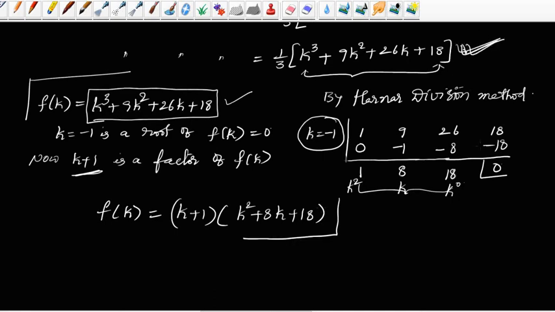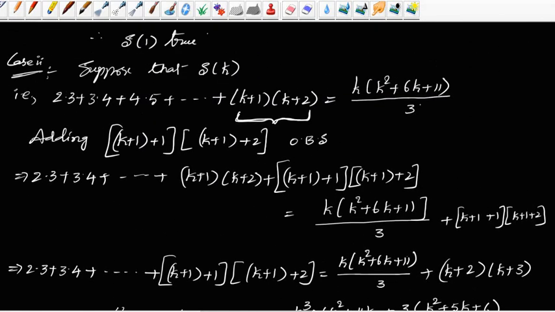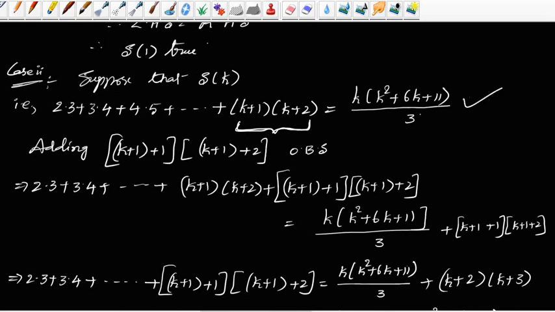Okay, we will get the final step is this one. Now, we have to arrange the right hand side of this one. What is given here? This is our statement. If we put k is equal to k plus 1, we will get the final answer in terms of k plus 1.